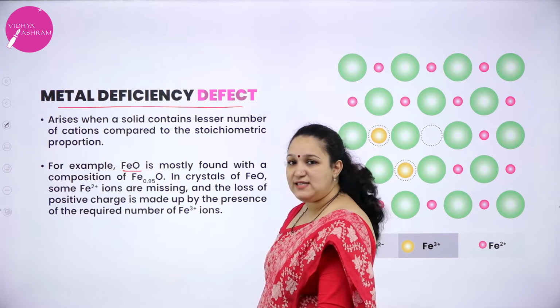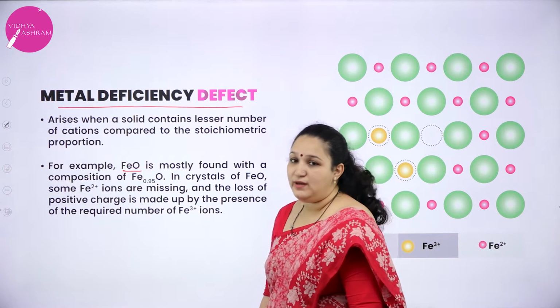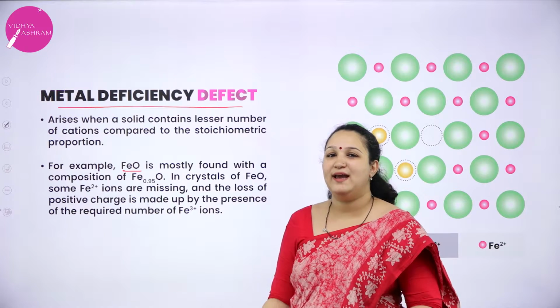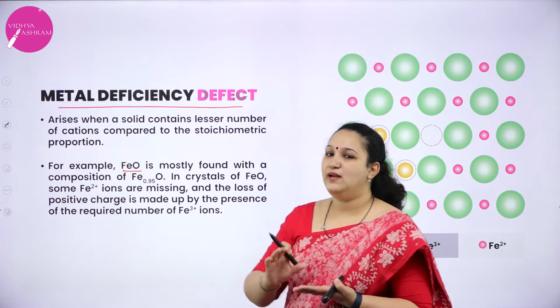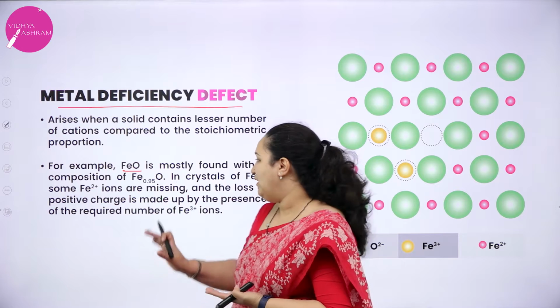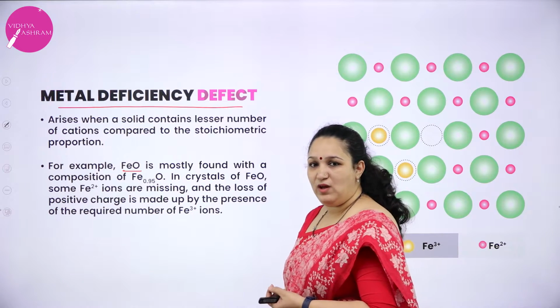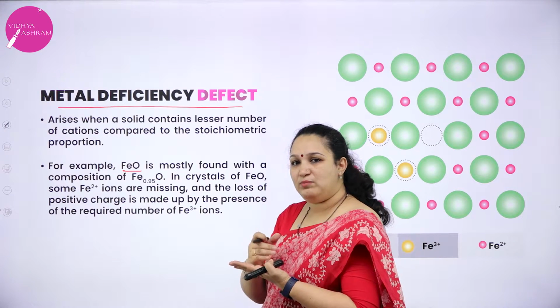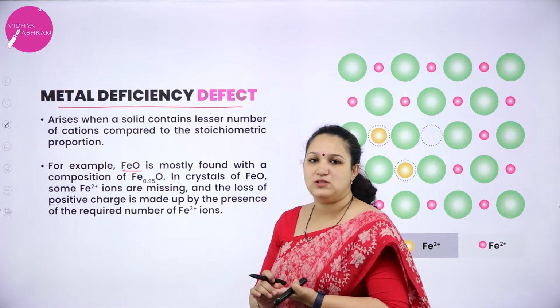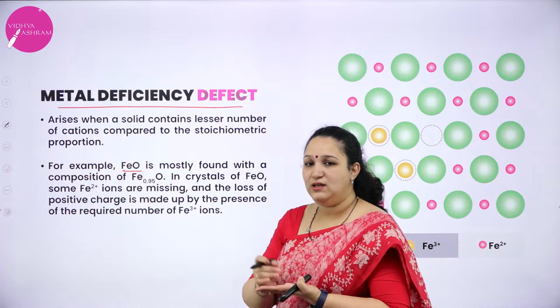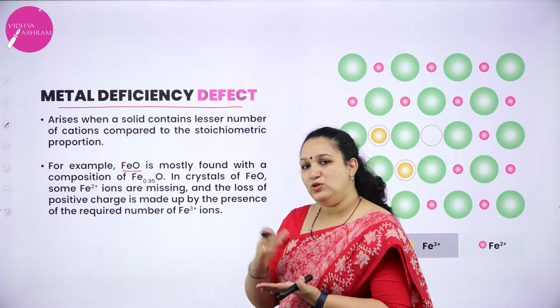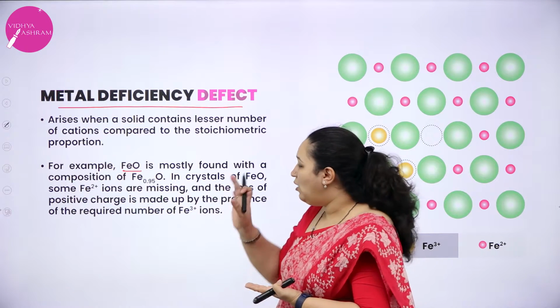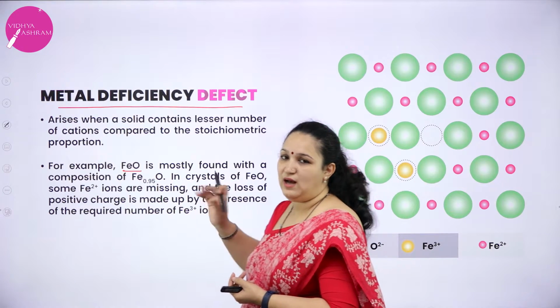You can see we write it as Fe0.95O, or it can range from 0.93 to 0.96 also. We have taken Fe0.95O. That means Fe2+ ions are less in number compared to O2- ions. How does this deficiency occur?